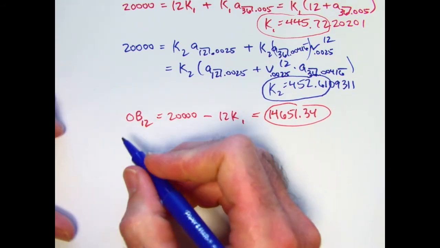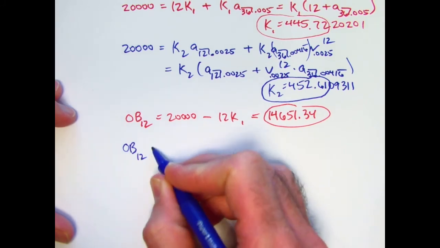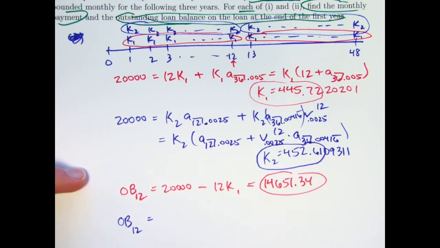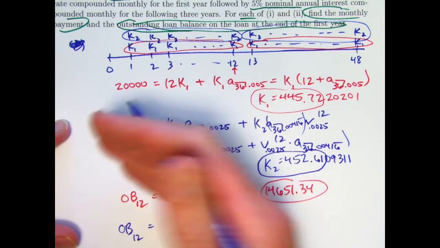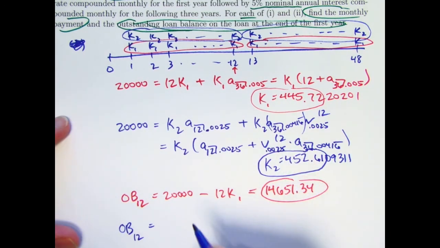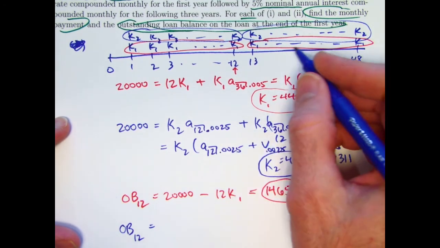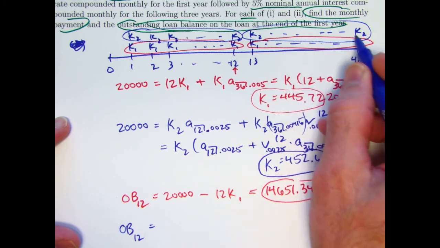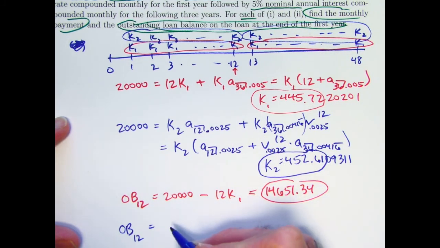Option 2 is going to be worse. You're going to have a higher outstanding balance at time 12, and it's a bit more complicated to calculate. We could do, again, retrospective or prospective. It doesn't matter. Let's do prospective this time. Look forward in time. Let's take the present value of these 36 payments there at time 12, 1 month before the first of those.